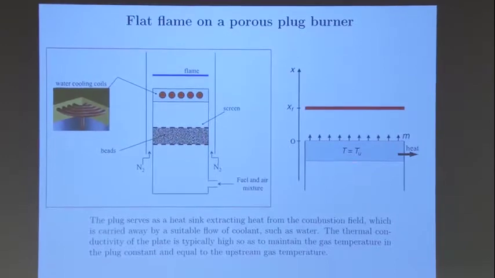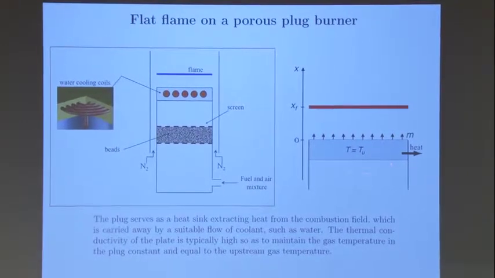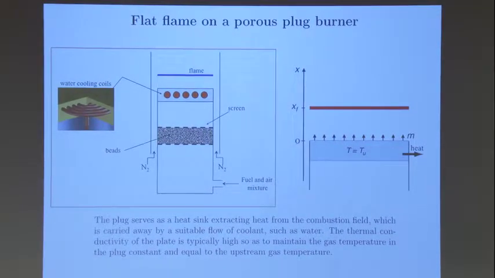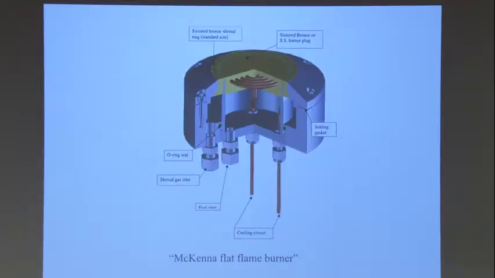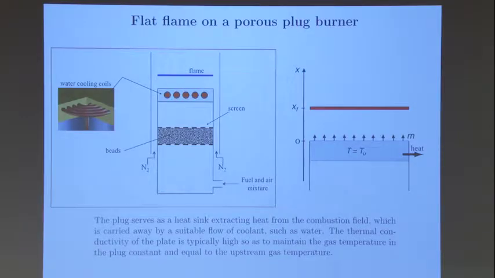Now, the first question is, what's the role of the burner and of the plug? By the way, this is just a schematic, and in fact, this is what it looks like in reality. It's taken from the Makina flat flame burner website or whatever it is. So the plug serves, first of all, as a heat sink.